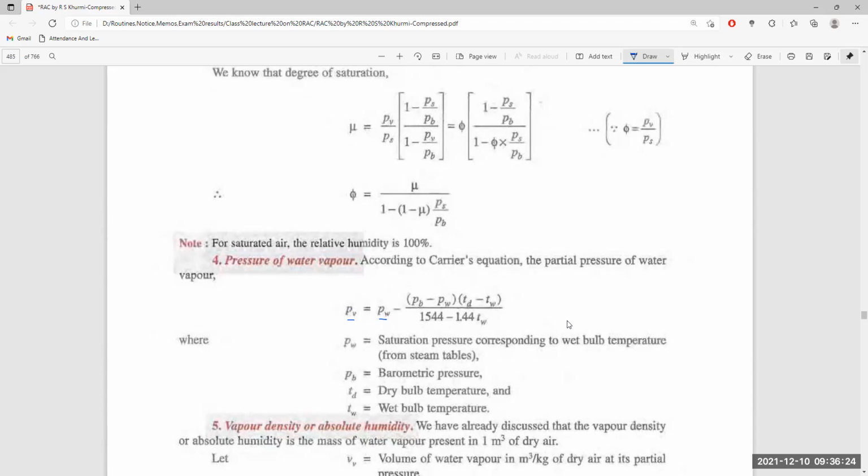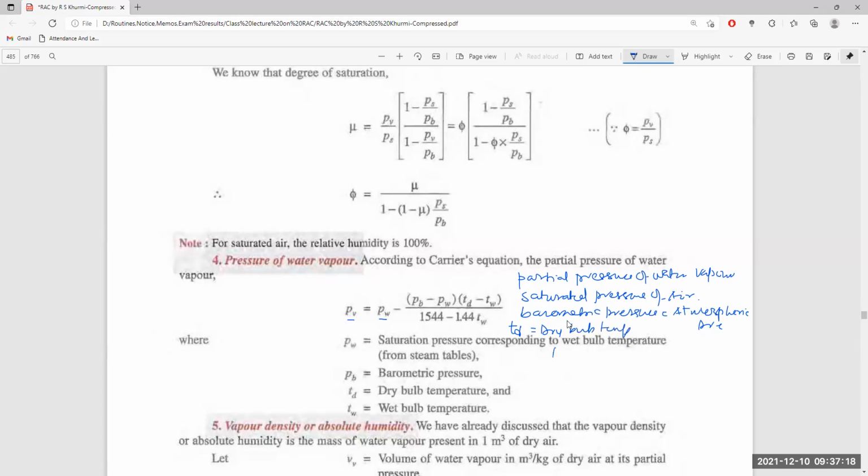The partial pressure of water vapor is given by this relation, where Pw is the saturated pressure, Pb is the barometric pressure, which is equal to the atmospheric pressure, t is the dry bulb temperature, and tw is the wet bulb temperature.